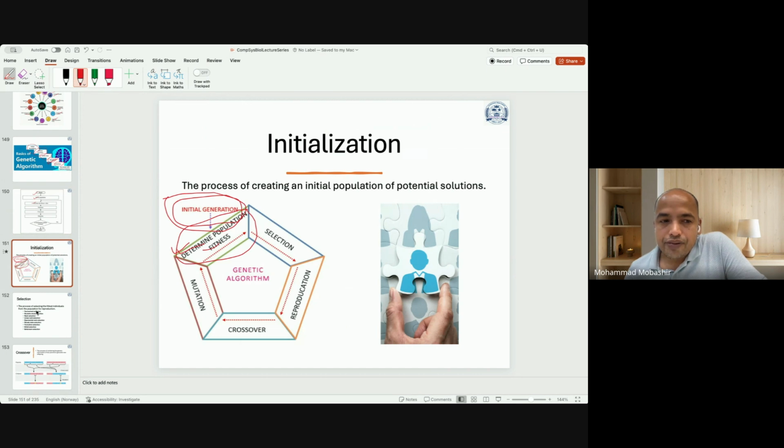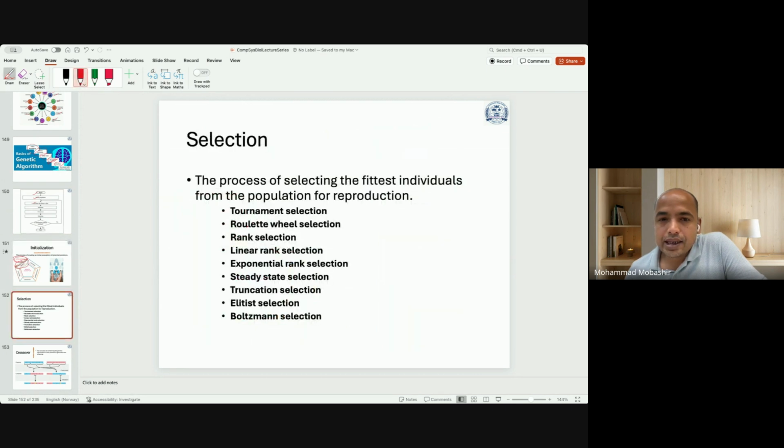Then based on fitness, we could go for selection, and there are a number of selection methods. These are some of the methods which I have mentioned here. The most common selection methods are tournament selection and elite selection. Elite selection is frequently used, and that is what is preferred. But as I'm saying, it will depend on the problem, what kind of problem, what kind of optimization you are looking for.